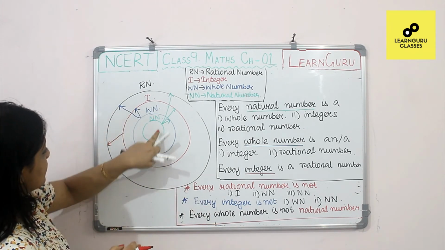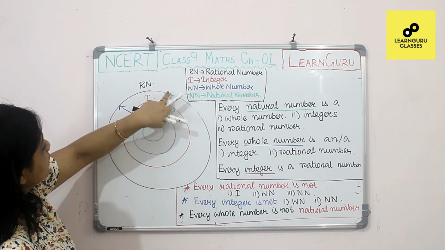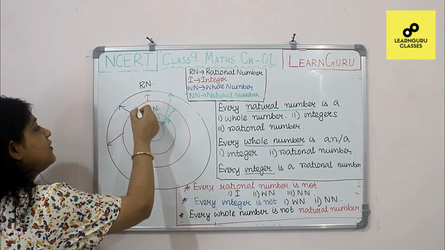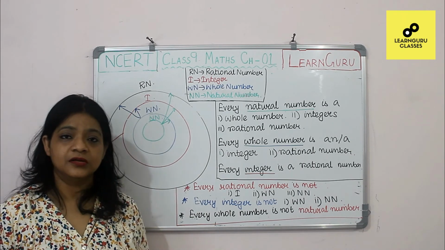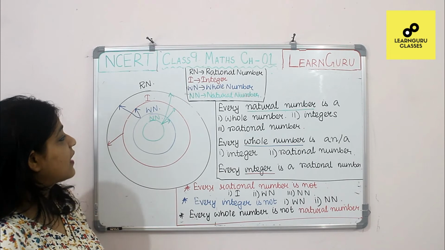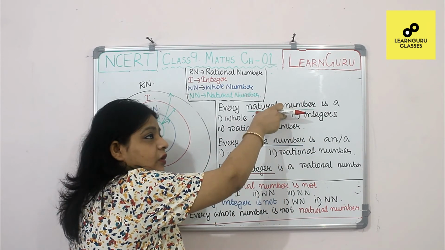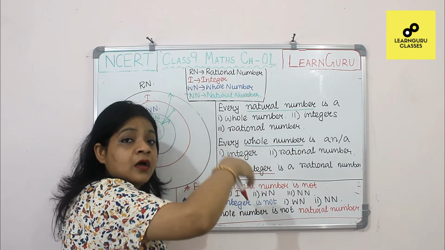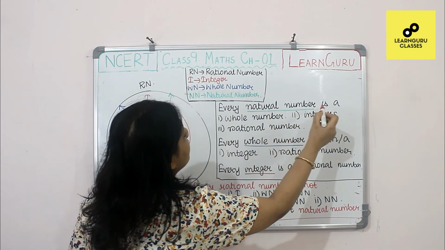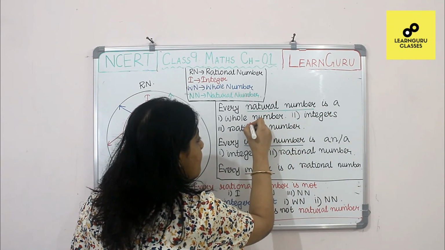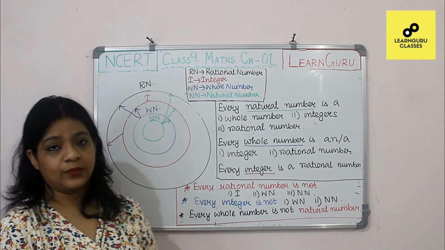So natural number to whole number, natural number to integer, natural number to rational number, whole number to integer, whole number to rational number, then integer to rational number. From that, what can you say? Since you can move from natural number to the bigger circles, every natural number is a whole number, is an integer, is a rational number.